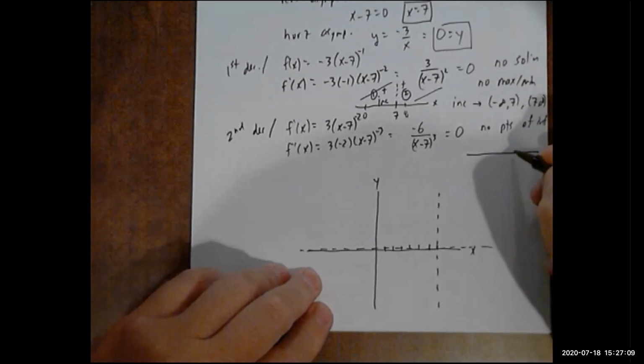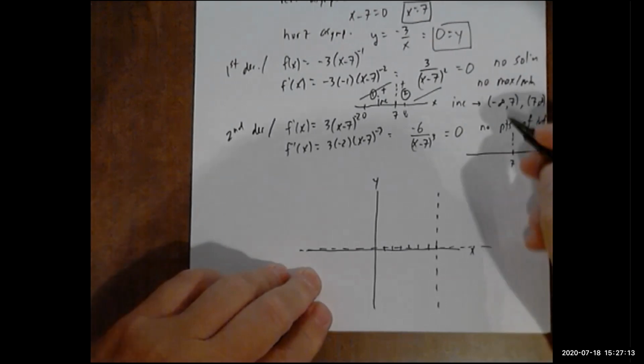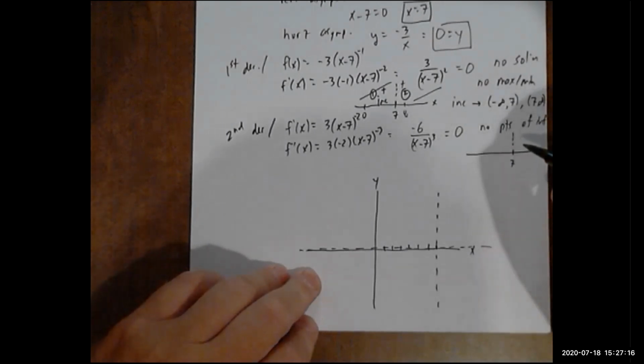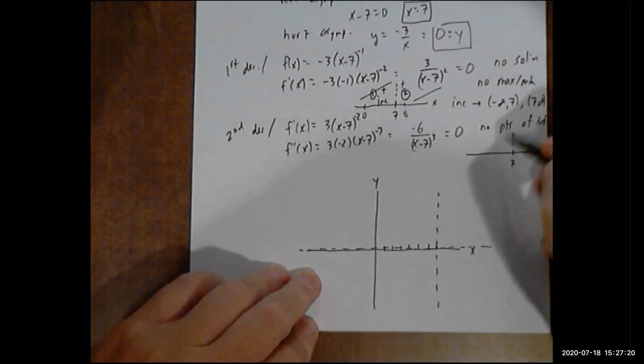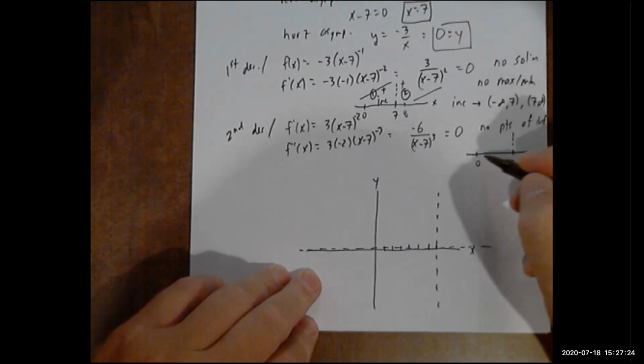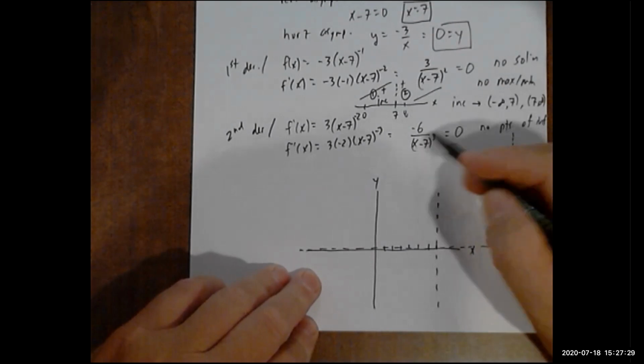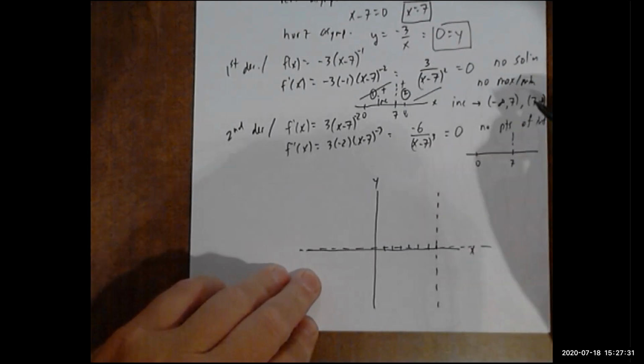I can go here and see what's happening on either side of 7. If I plug in 0 into my second derivative, this denominator is negative, and a negative turns out it's positive.